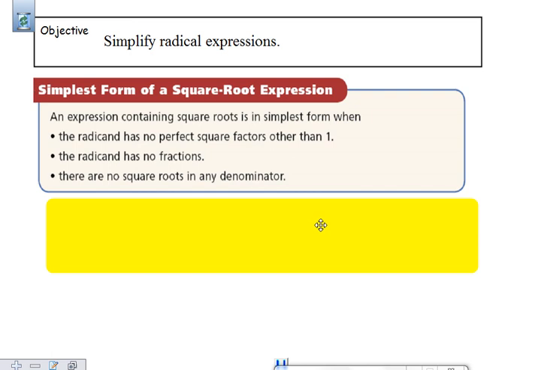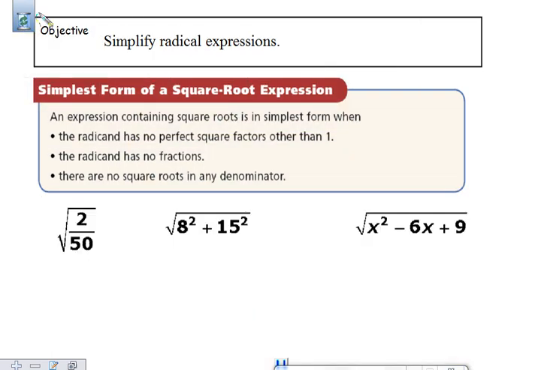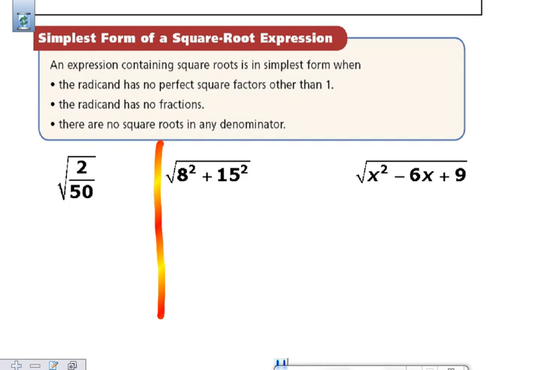Here are some examples of what we're going to work on. Let's start with the very first one. You have the square root of 2 divided by the square root of 50. The first thing we have to deal with is this radical here.